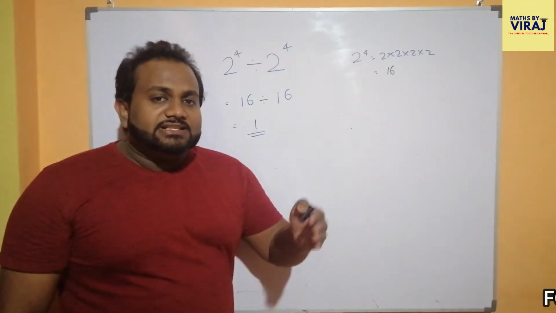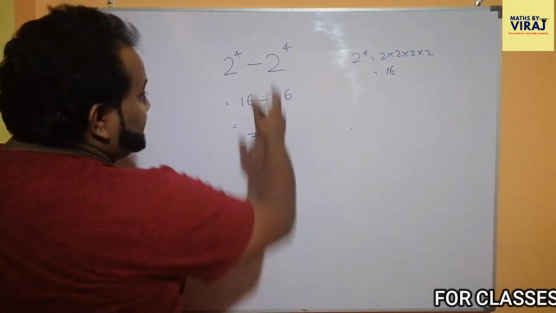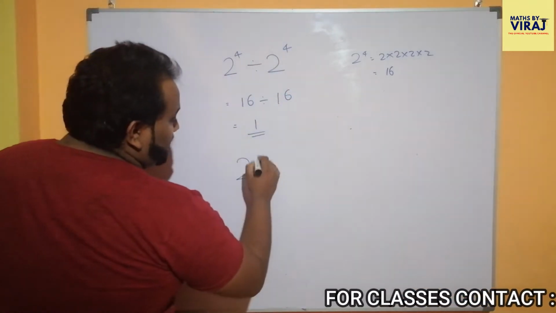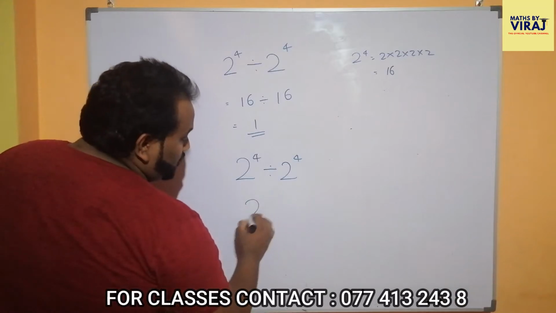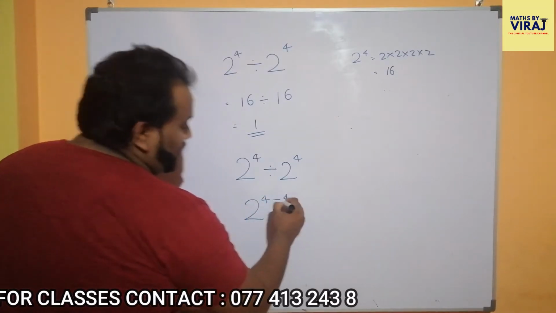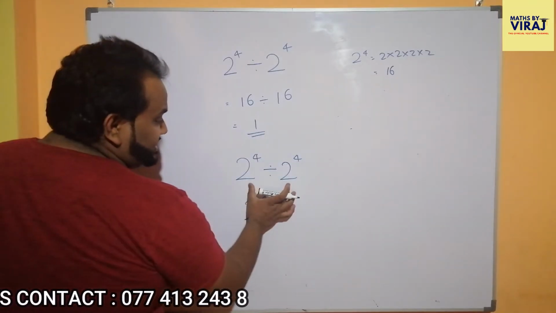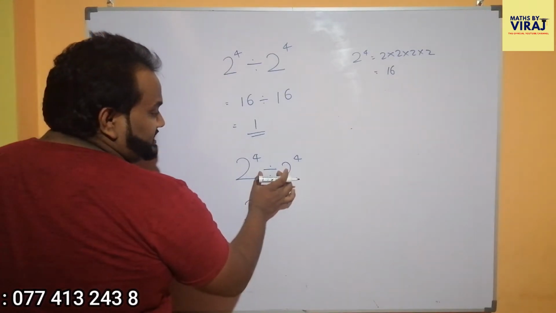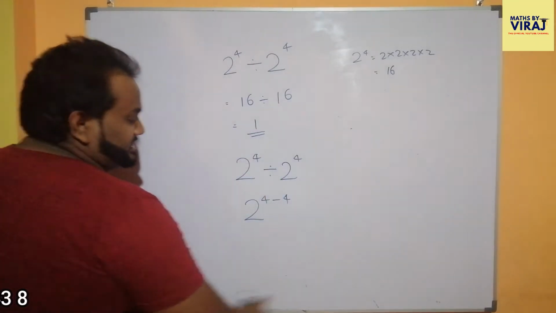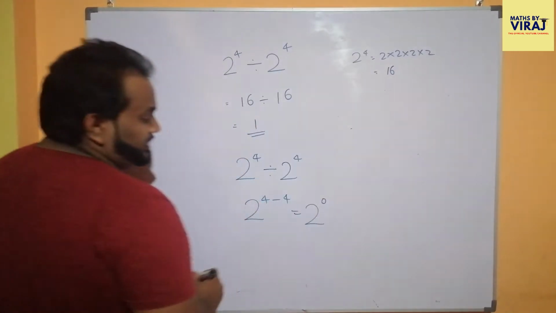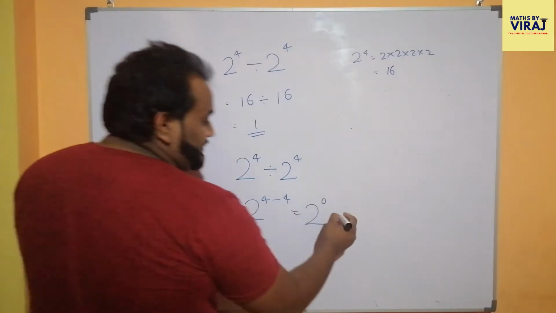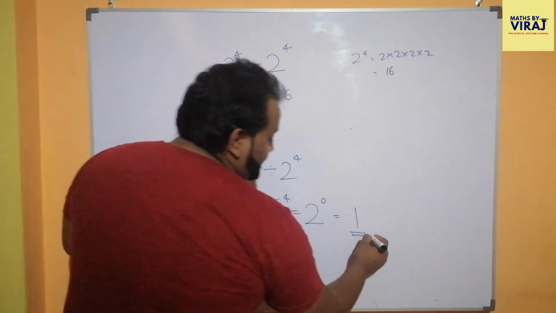But if we were to write this in terms of indices, 2 to the power 4 divided by 2 to the power 4 would be 2 to the power 4 minus 4. Remember, the bases are the same and during division we subtract the powers, which gives us 2 to the power 0. And again, what is my final answer? 1.